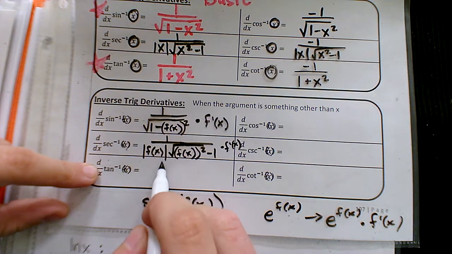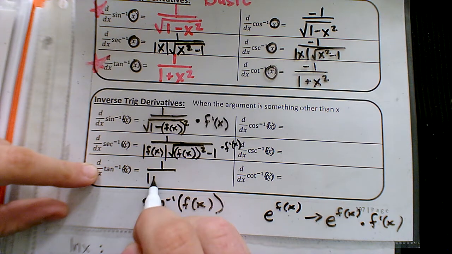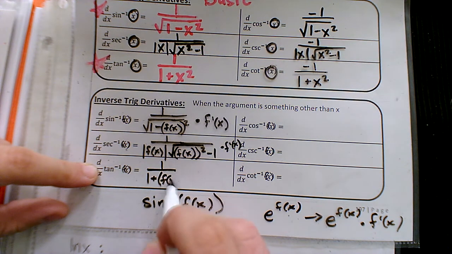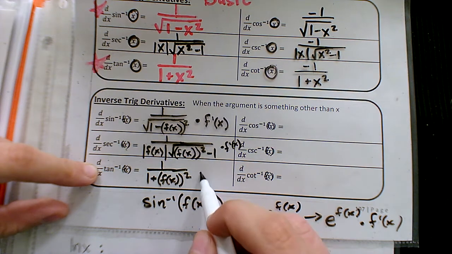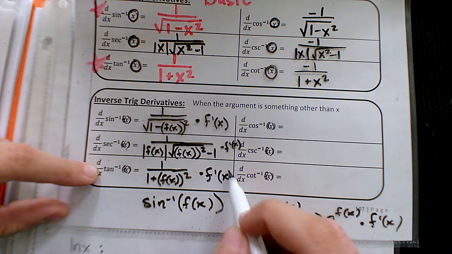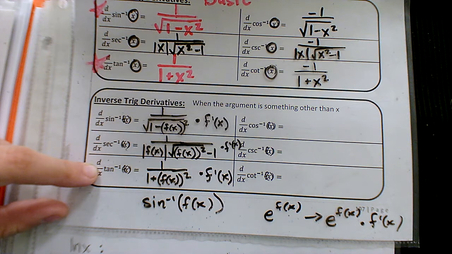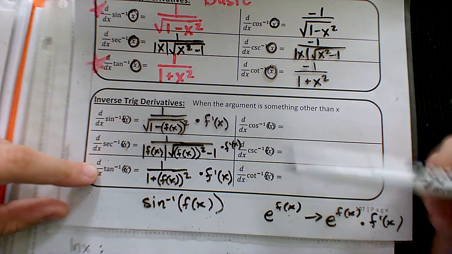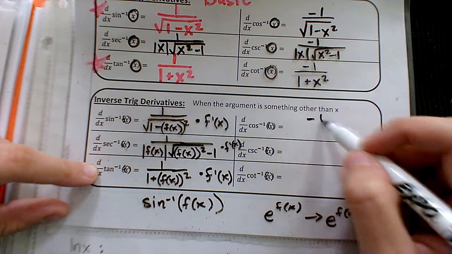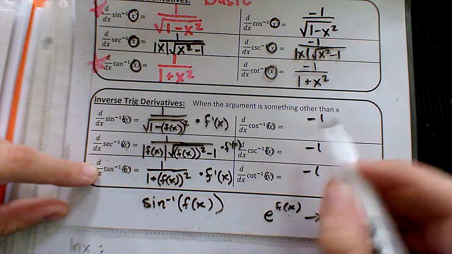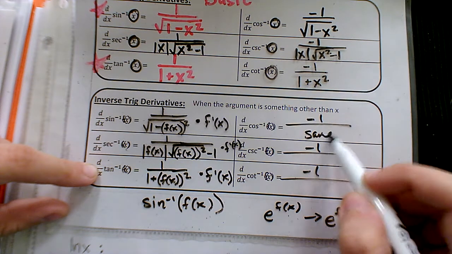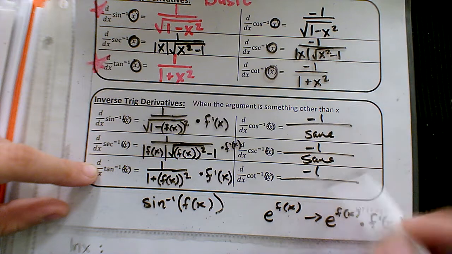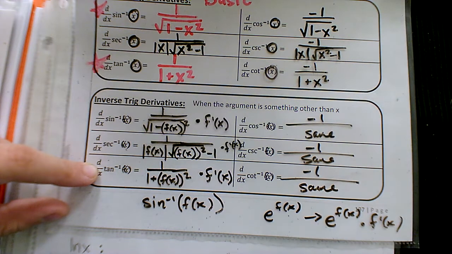For tangent, we'll have 1 over 1 plus f of x squared, and then times the derivative of the inside. Okay. The c derivatives are going to be the same thing, but negative. So you can write them in if you want to. I'll just do negative 1, and I'll write same down, okay, if you want to save space.